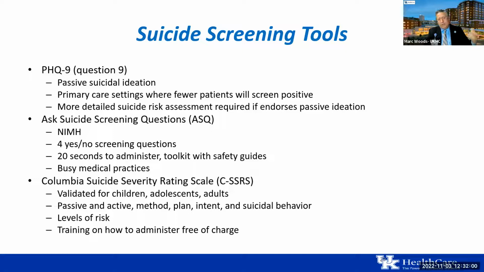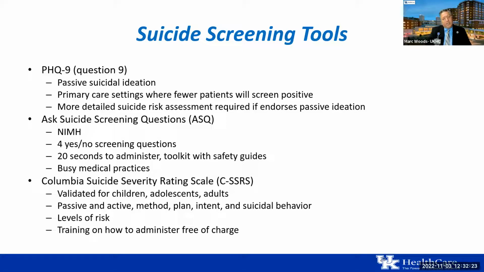And really the PHQ-9 is more of a depression screen. The 9th question does address suicidality, but for inpatient hospitalizations, Joint Commission really pushes against using the PHQ-9 alone for the suicide process.